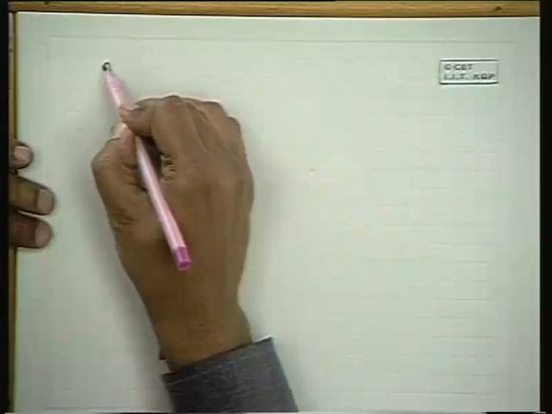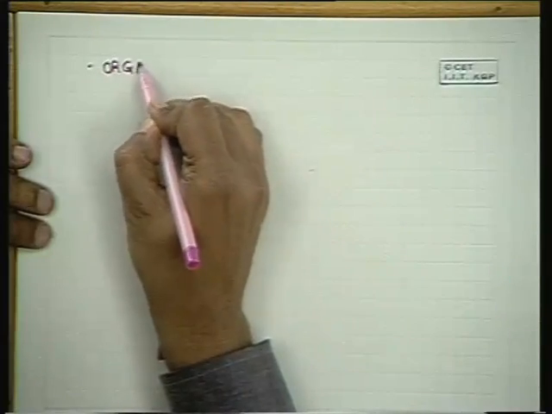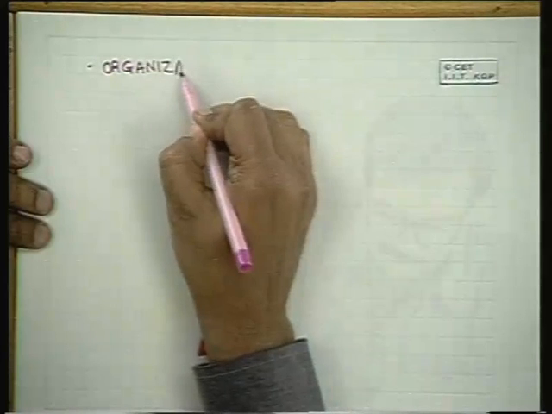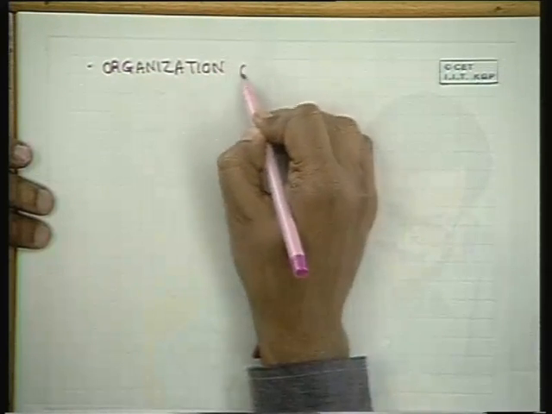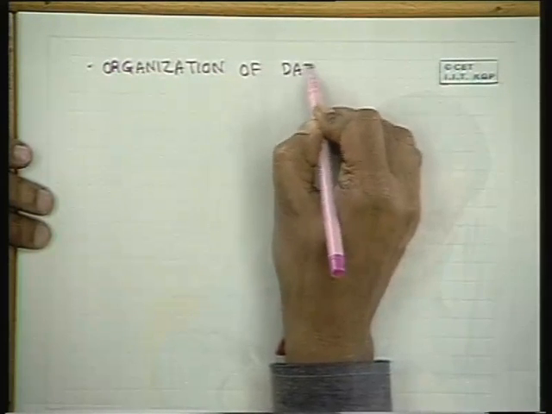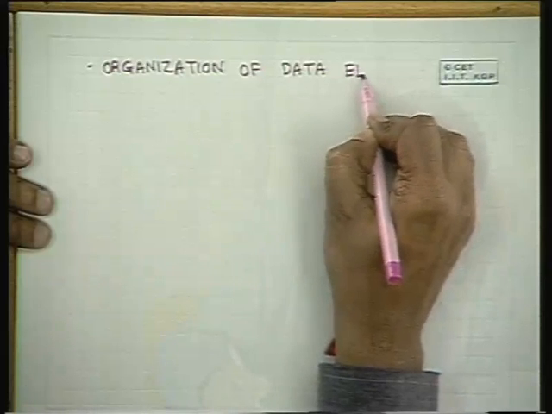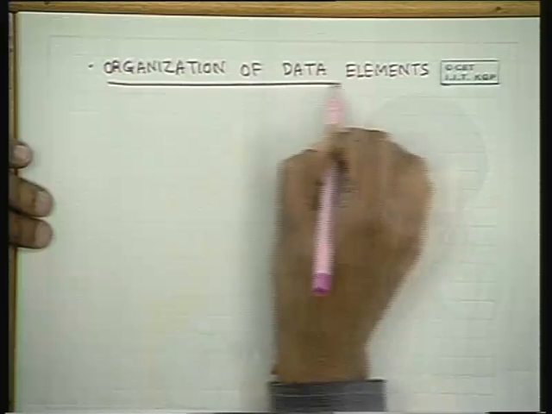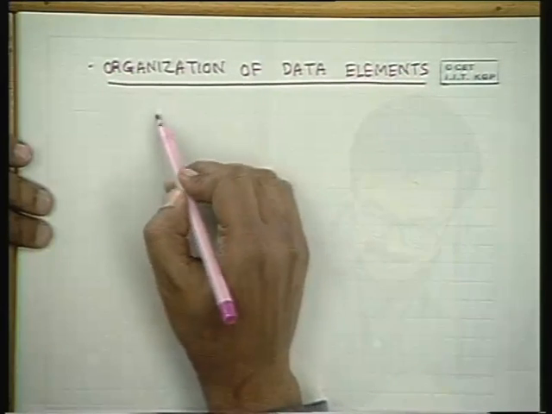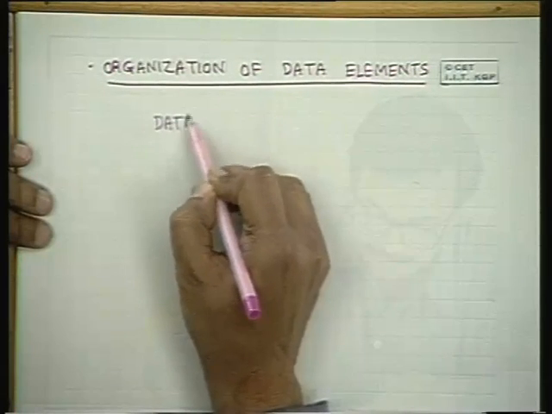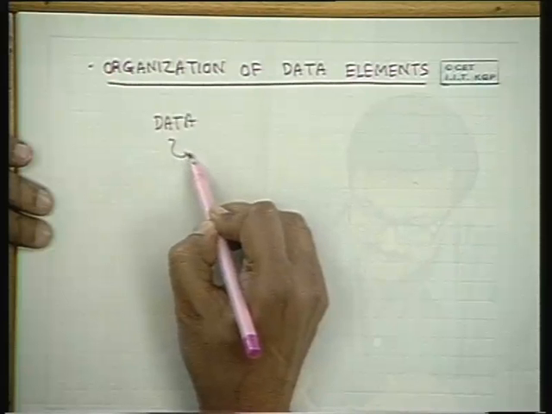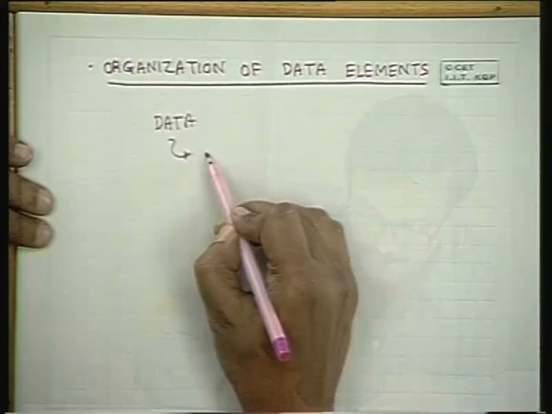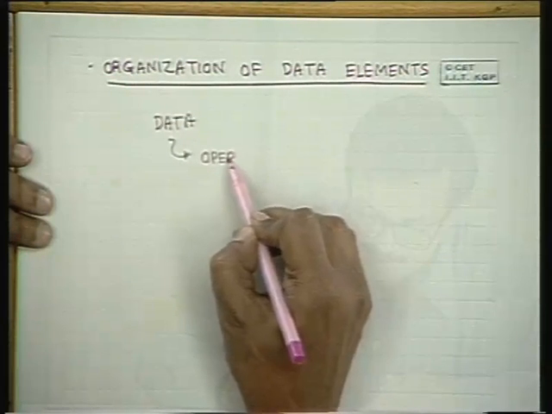The third step after refinement of the initial definition came organization of data elements. In the whole program you had some data, and on this data you had some operations.